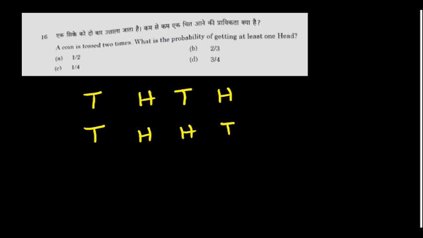So we have a total of 4 results. What is the question? Probability of getting at least one head. At least one head means minimum one head should be there. In this combination one head is there, this also has one head, and here 2 heads are there. So 3 outcomes qualify, and the answer is 3 upon 4.